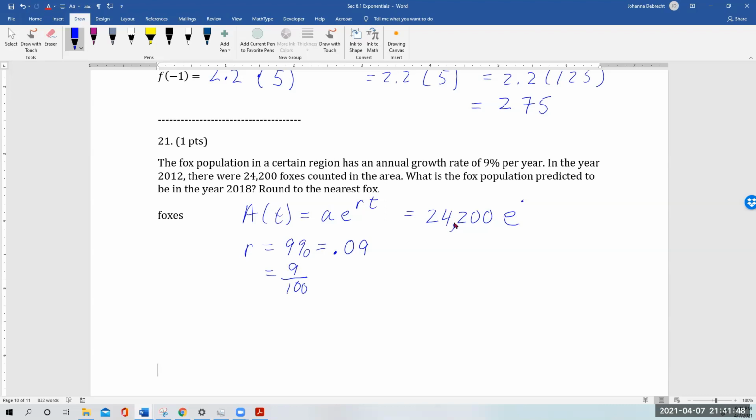So now we have the equation 24,200 e to the 0.09 times t. The unknown part that we have now is the time. In the year 2012 is when we counted and started the clock. It's now the year 2018. So the time that has elapsed is 6 years.